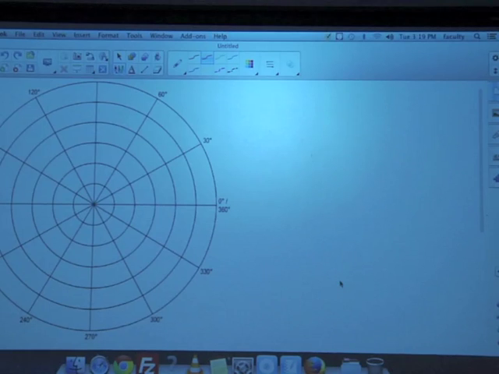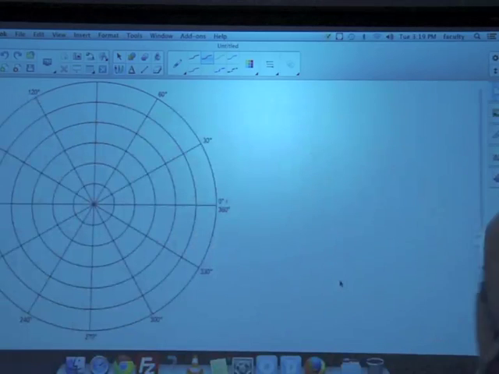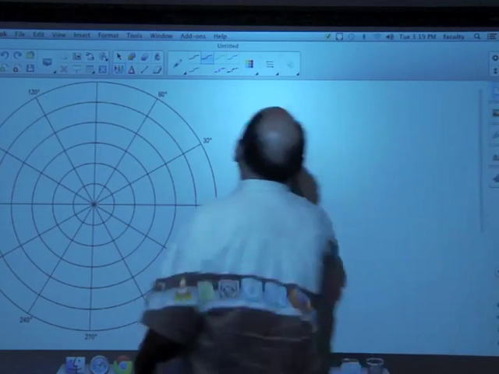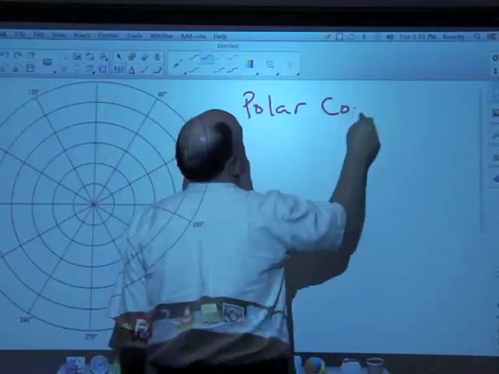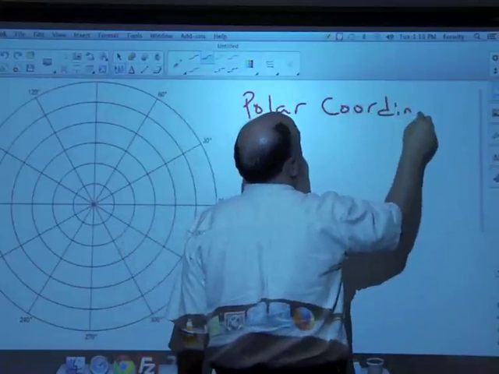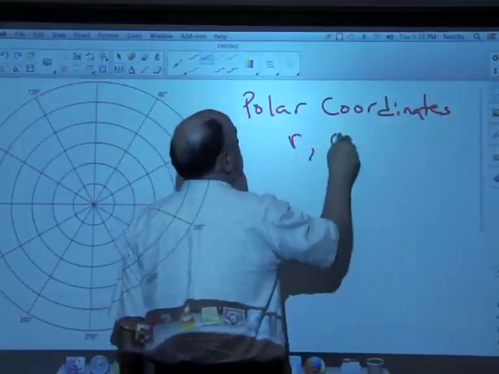The one I gave you has a few more increments. The major spokes on that one would be your 30, 60, 90, and so on, in terms of that graph paper, right? So polar coordinates are given in terms of r and theta.